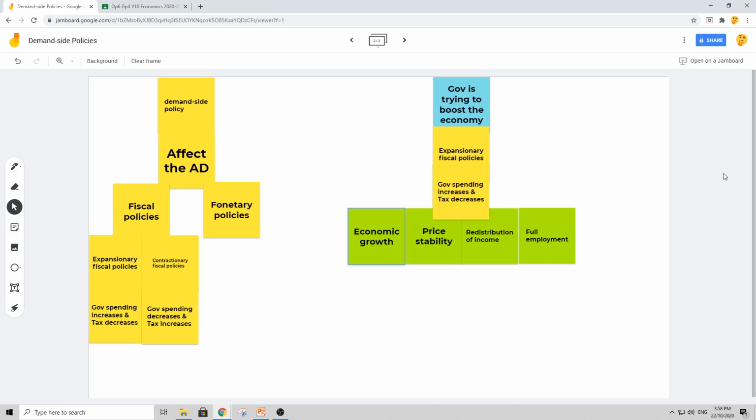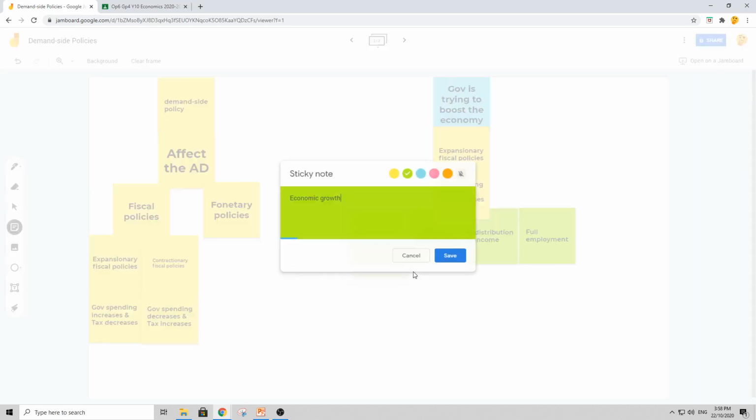Does it make sense? Okay, so that is actually a fiscal policy. When you are trying to make your logic right for economic growth, you can start off with the formula of economic growth, the formula of GDP. Do you still remember the formula?